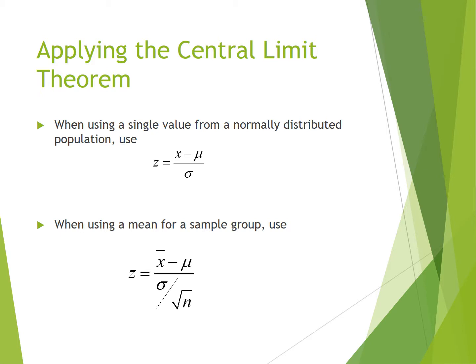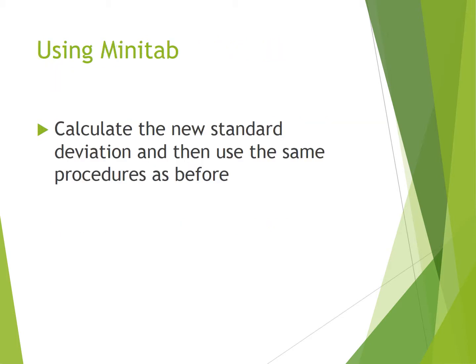You're going to have to do this calculation even using Minitab, and I'm going to show you an example in just a minute. So using Minitab, you're going to calculate that new standard deviation, the one that we call the standard error of the mean, and then do the procedure just as we did before in 6.2.